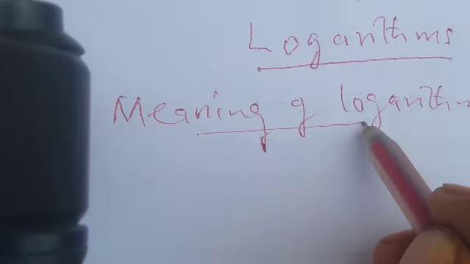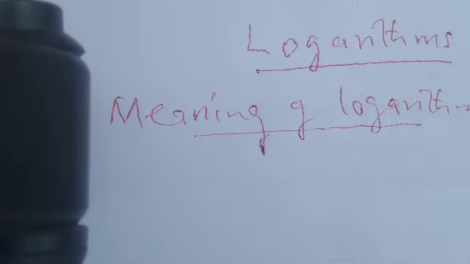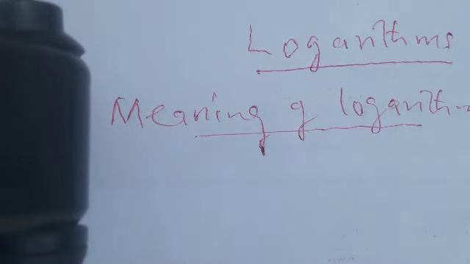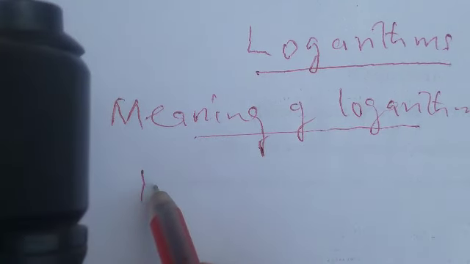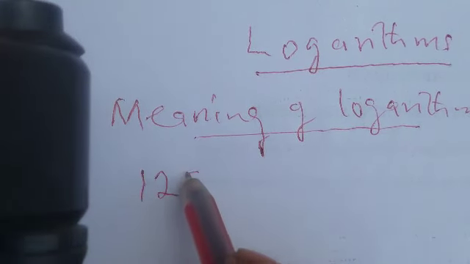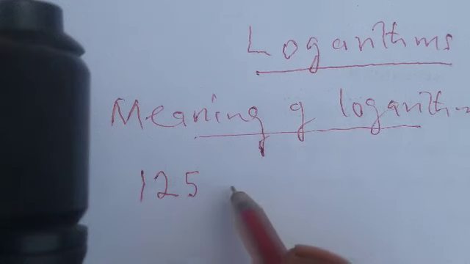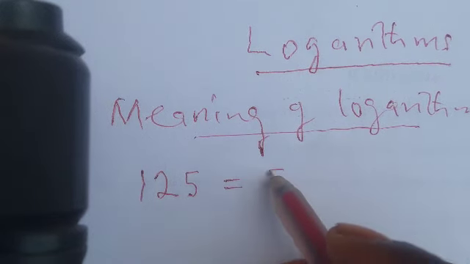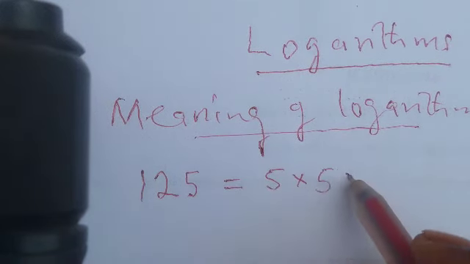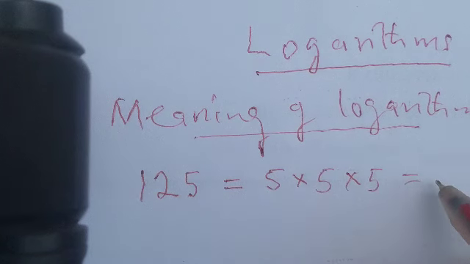So, going back to the definition of indices. Suppose you have the number 125. This 125 can be expressed as 5 times 5 times 5, which is the same thing as 5 raised to 3.